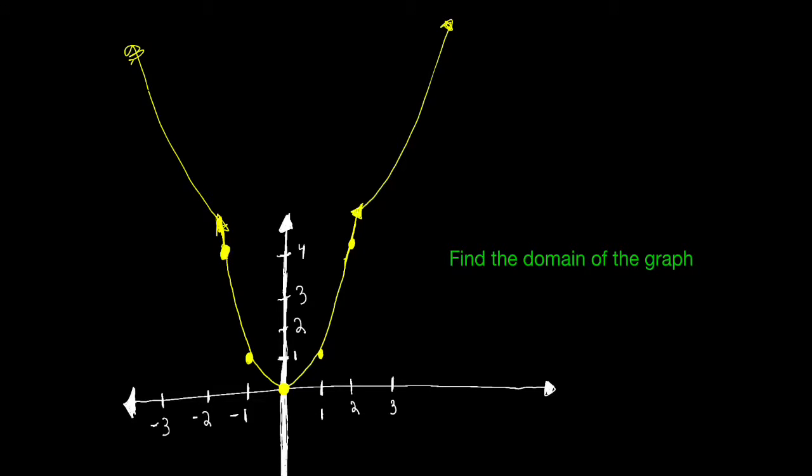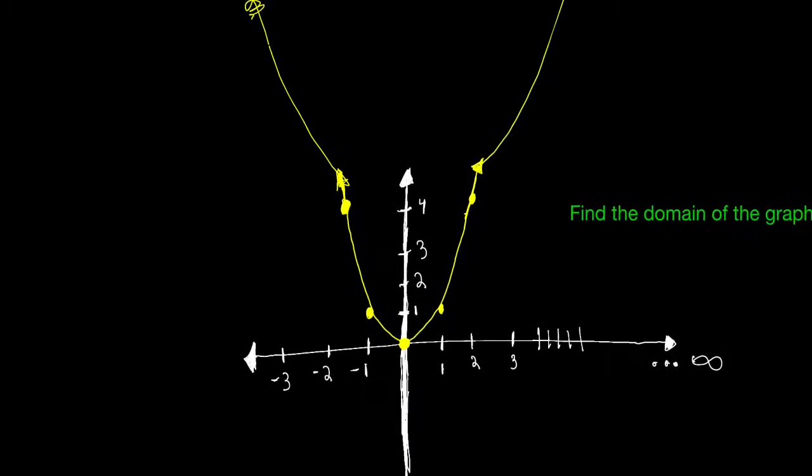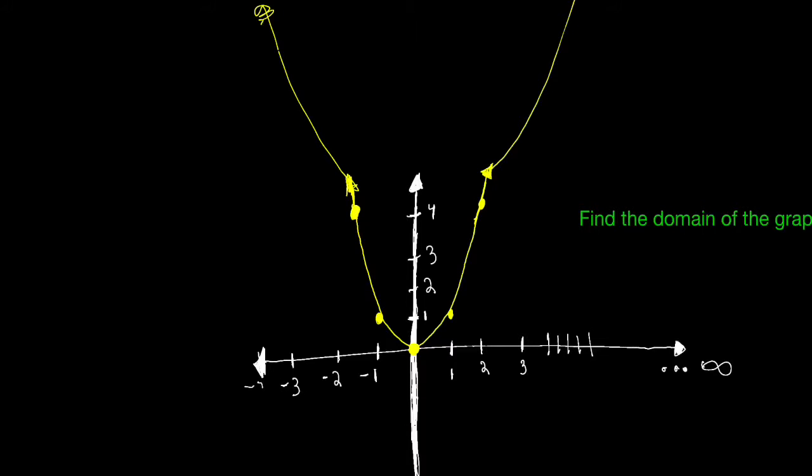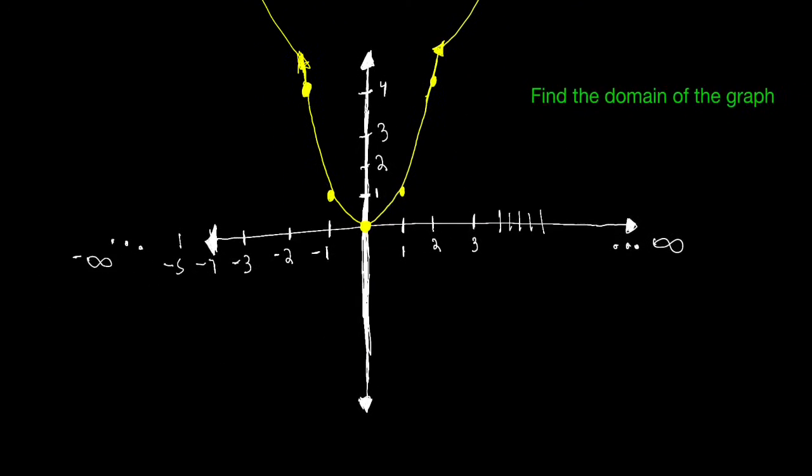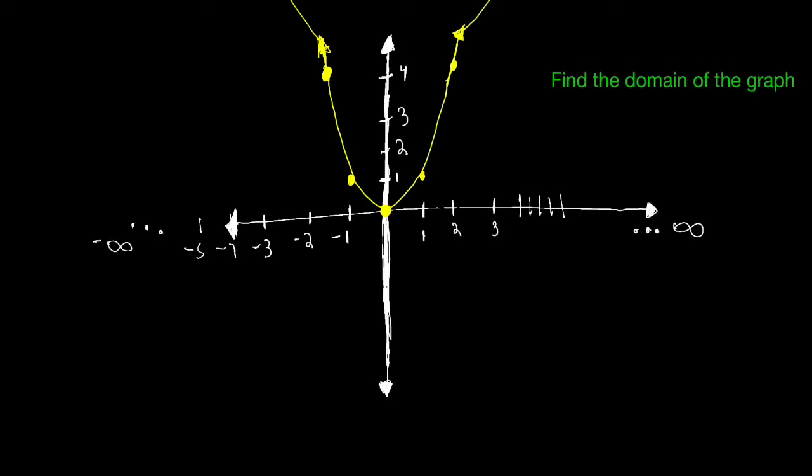So on the right hand side, my values keep getting larger and larger. So we're shooting towards +infinity. And on the left hand side, the values keep getting smaller and smaller. We're shooting towards -infinity. So if we want to get the domain of this graph, it's actually pretty easy because we don't have a lower bound and we don't have an upper bound.